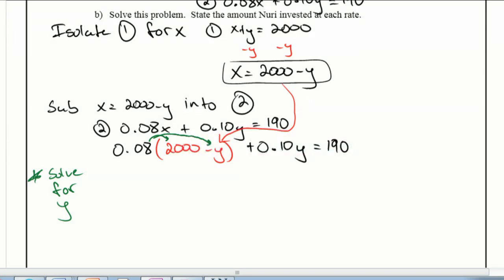Just 8 times 2 is 16, so making sure I get all my decimals in the right place, I should end up with 160. And then I'm going to end up with negative 0.08 times y. And then I'm just going to bring everything else down. Plus 0.10 times y is 190. So all I've done is distributed the 0.08 through the brackets.